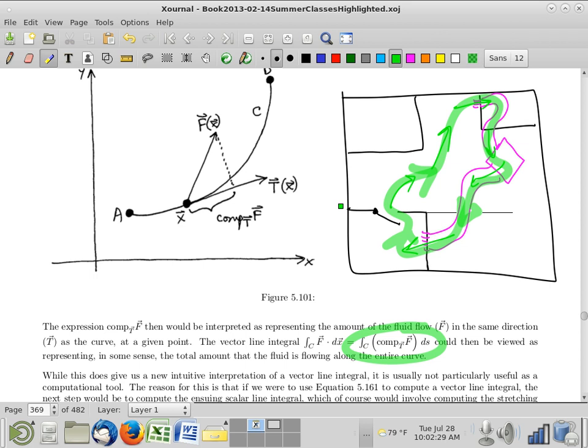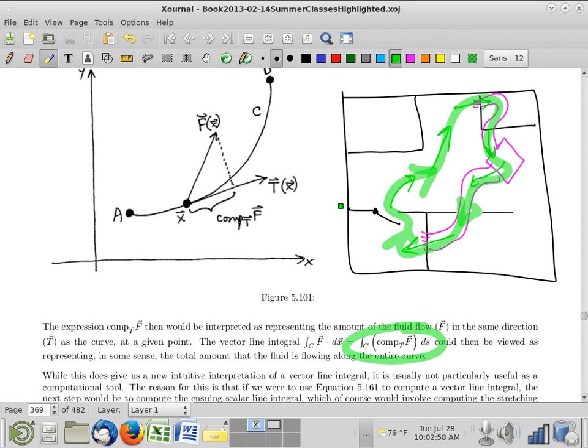Well, air circulation in this context might be thought of as the extent to which the vector field representing the fluid flow is flowing along this curve, this path that makes a loop that goes through your room and the air conditioning system, right? So this vector line integral is a way of representing what your parents always called circulation.